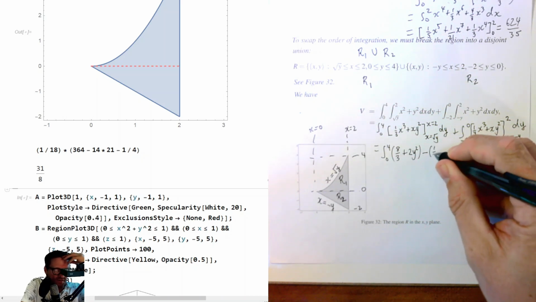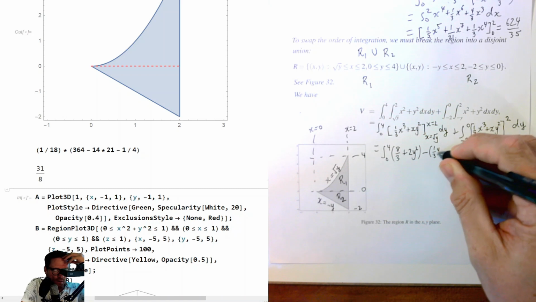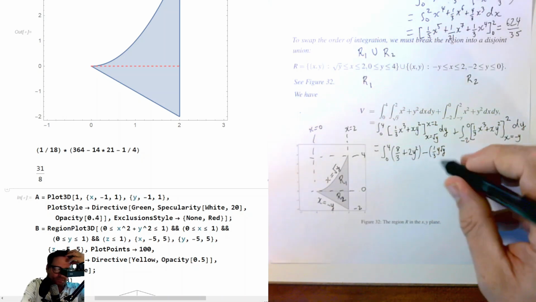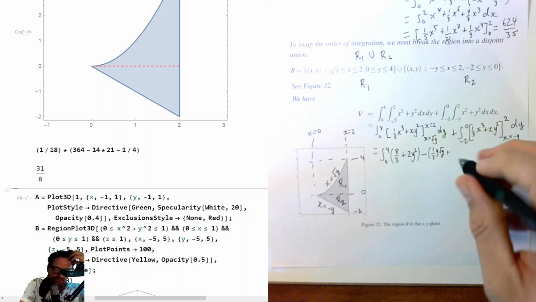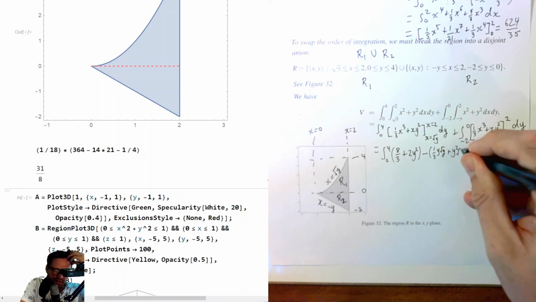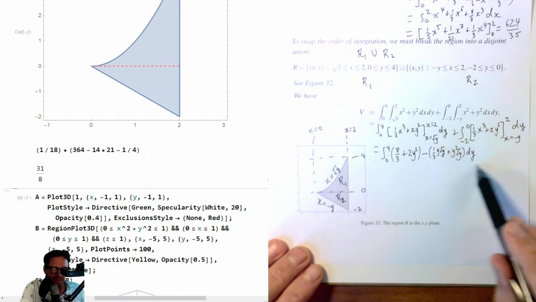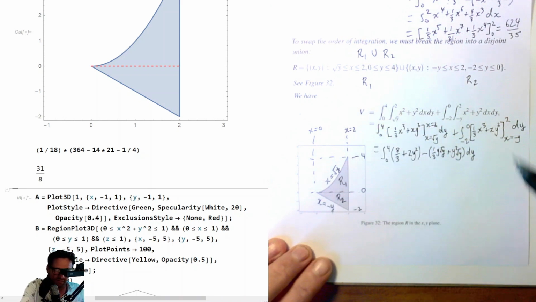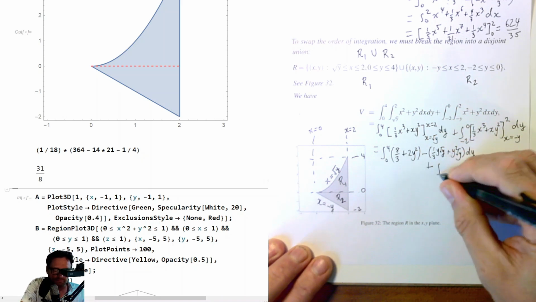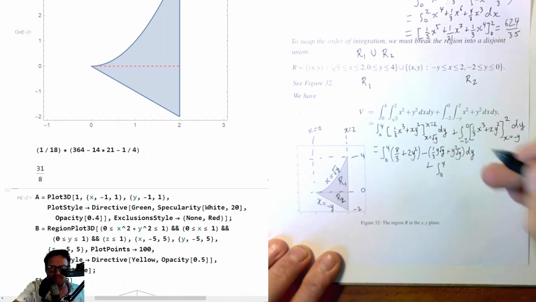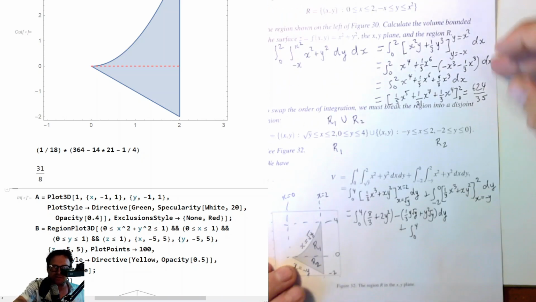So that would be 1/3 y root y, or y to the power of 3 over 2, and then plus y squared root y. And so all of this gets integrated with respect to y. Okay, so this little bit is just what we have here on the left. Now let's have a look at this. You can see it's probably a bit more of a pain to do it this way than it was to do this, because this was fairly simple.